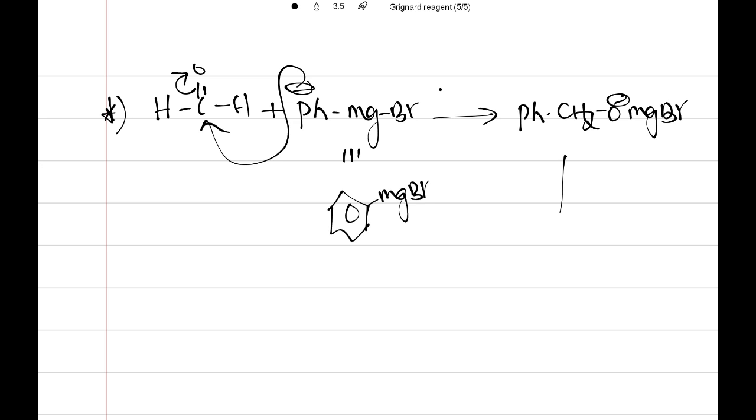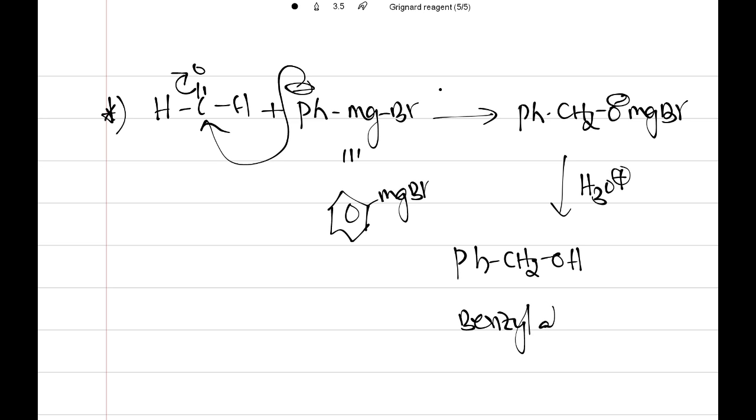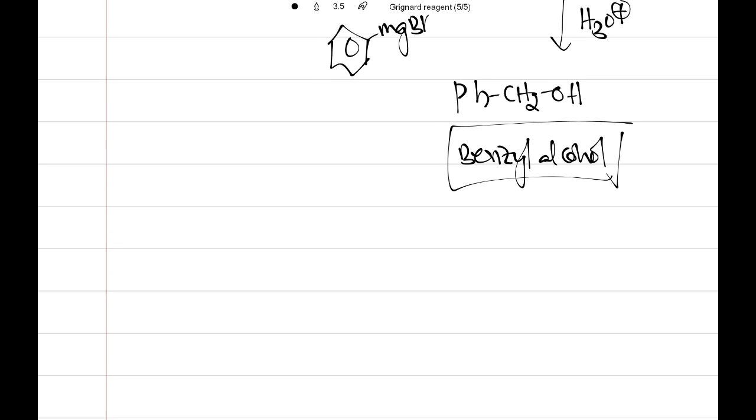After that, on hydrolysis, we get PhCH2OH. This is benzyl alcohol.